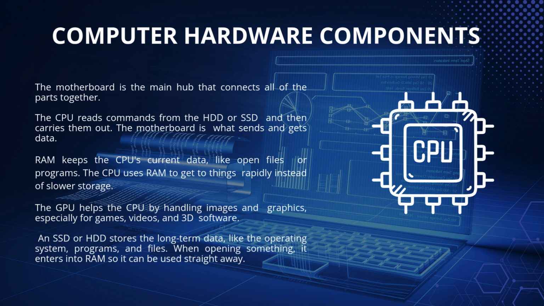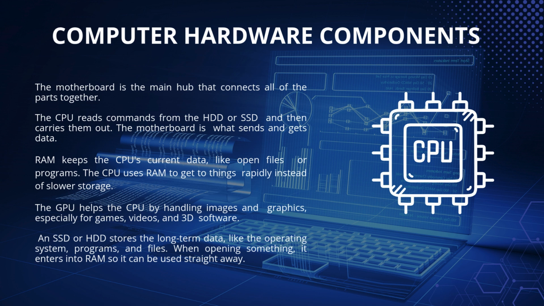To move on, here you can see the computer hardware components. So we're going to explain the hardware components of a computer, and explore different parts. To start with, the motherboard is the main hub that connects all of the parts together. The CPU reads commands from the hard drive or SSD.